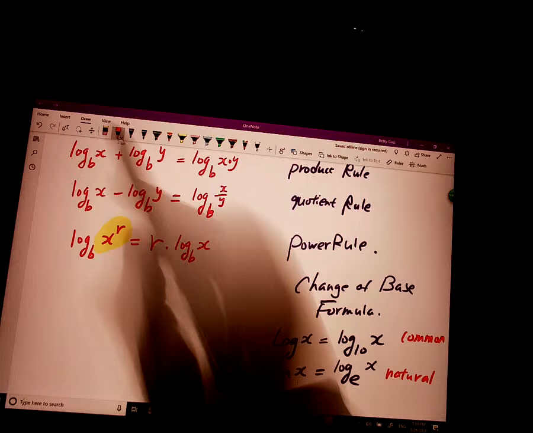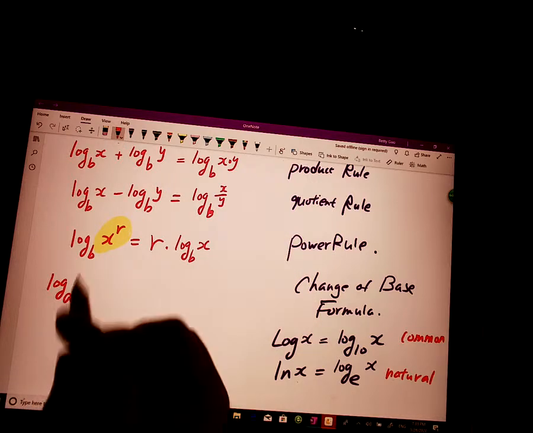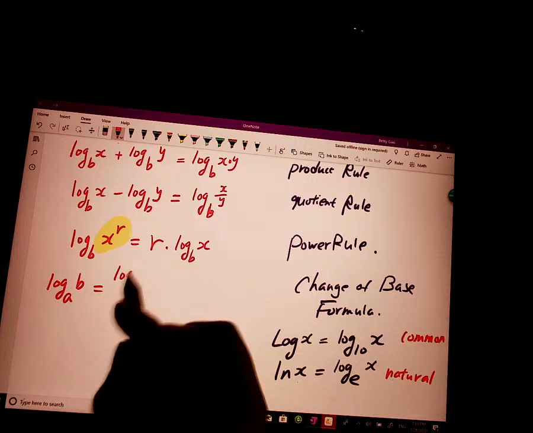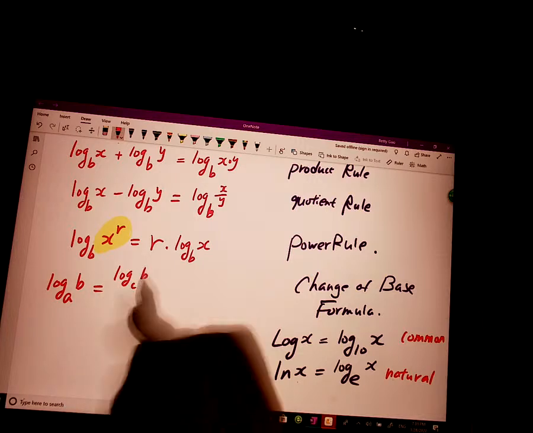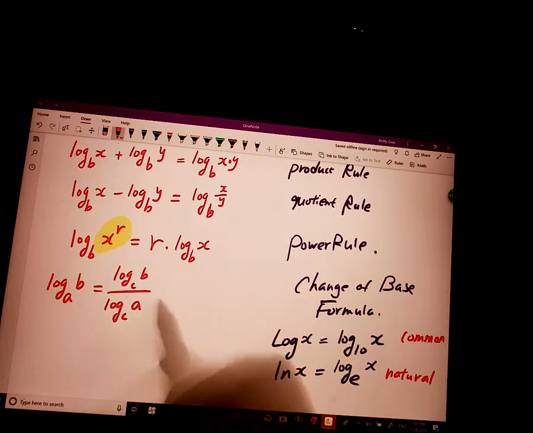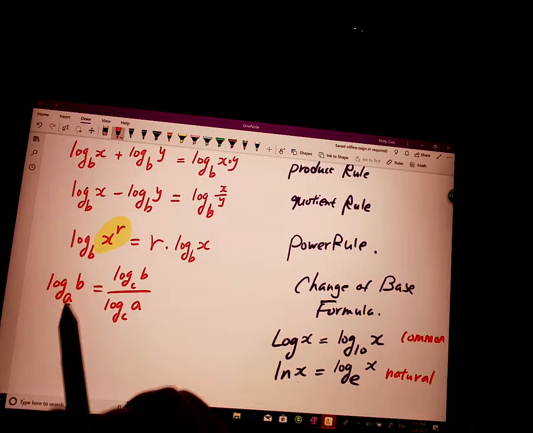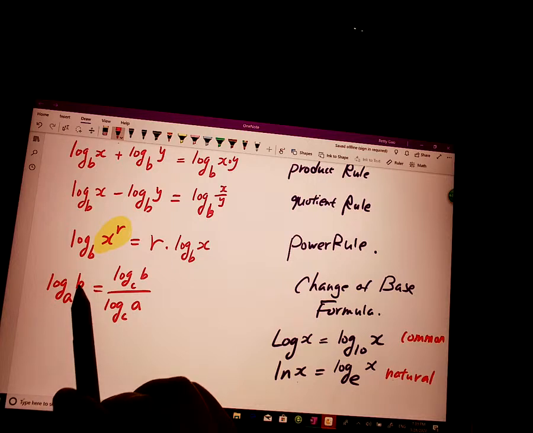Okay? Let me write the formula for you first. log with base a of b equals log with base c of b all over log with base c of a. This is a logarithm with base a and anti b.